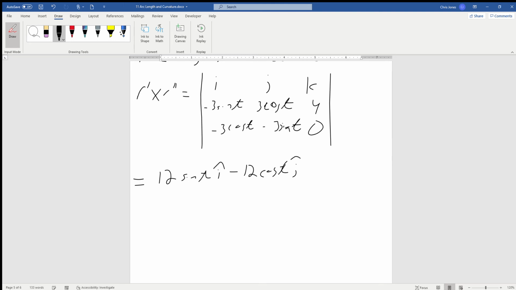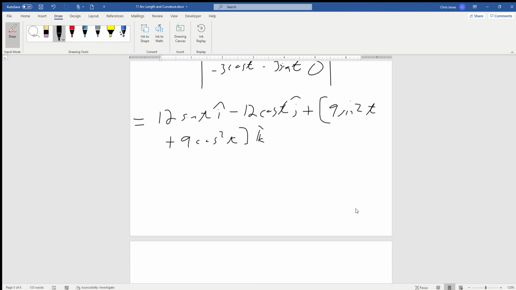And then for k, we're going to end up with 3 times 3 is 9 sin squared, and then minus negative 3 times positive 3 is another 9, so we're going to get a positive 9 cos squared t k.